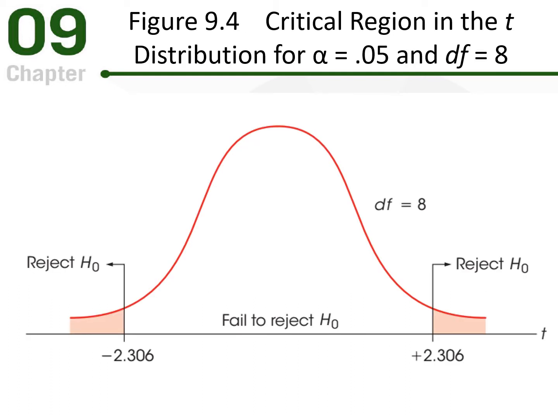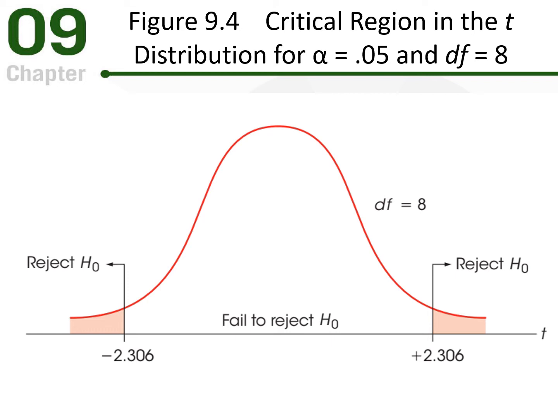So this is what a t distribution looks like for a small sample size. Here's a sample size of 9, which means that there's 8 degrees of freedom. As you can tell by the curve, it's flatter in the middle compared to the normal distribution. The normal distribution would be more peaked in the middle. But the t distribution for a small sample like this is flatter in the middle and thicker in the tails.